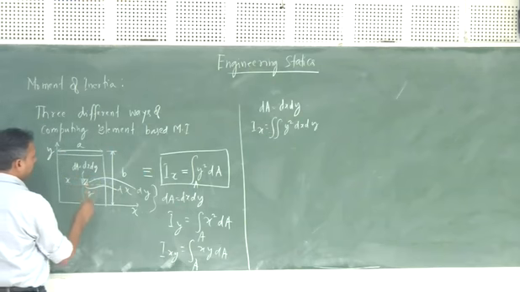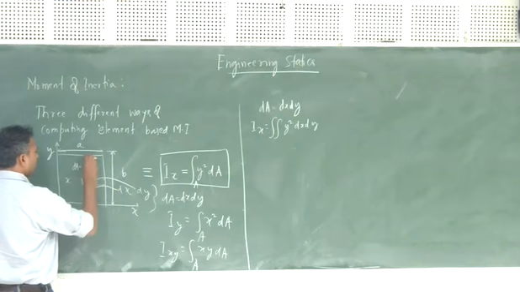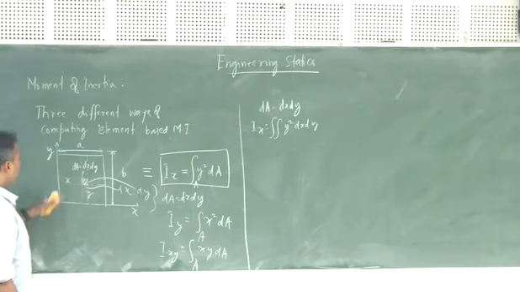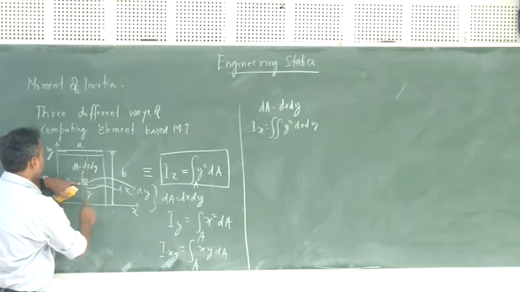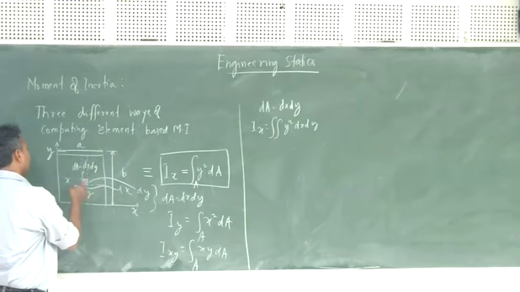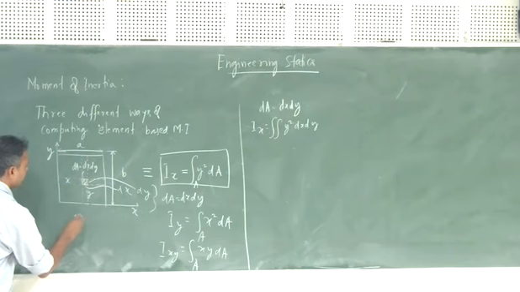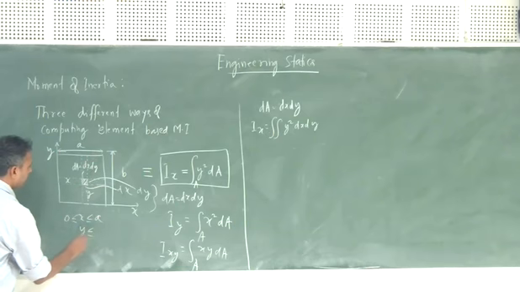Here y will be fixed. If you take x as fixed, then y will vary from here to here. If you fix y, x will vary from here to here. It means that the value of x is varying from 0 to a, and y is varying from 0 to b.